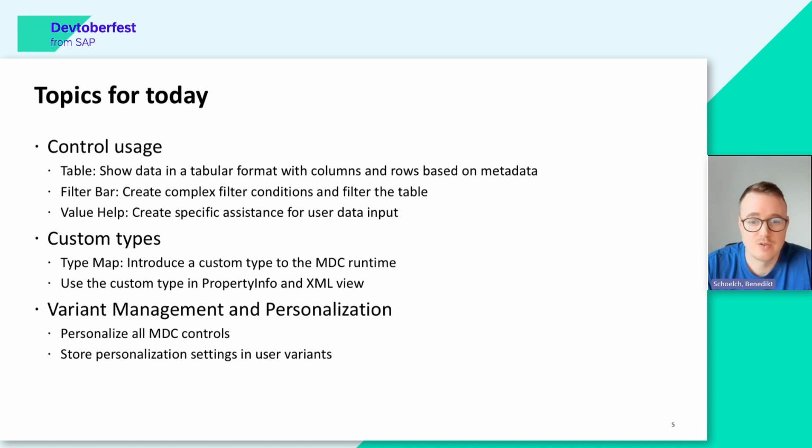We will show you how you can integrate and make custom types known to the MDC runtime via the type map utility, and we will show you how we can use those custom types in your metadata and in the XML view. And last but not least, we're going to show you how variant management and personalization is supported in the MDC controls and how you can store these personalization settings.